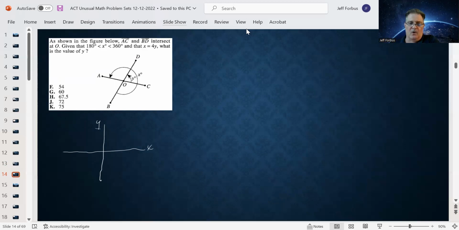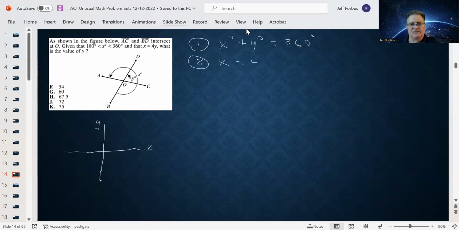We need to figure out what Y degrees we have. So they're labeling this line all the way around as X, and this as Y. Well, this little distance from here to here is Y too, right? So the first thing we can imply is X degrees plus Y degrees must equal 360 degrees. They give us another equation.